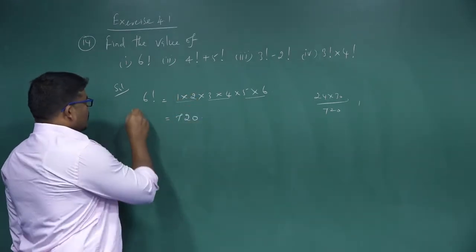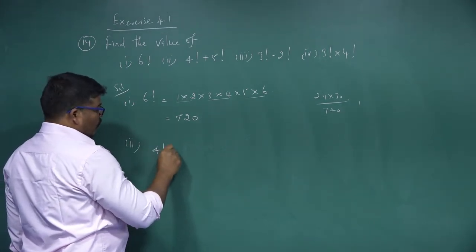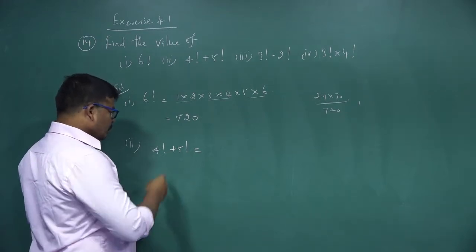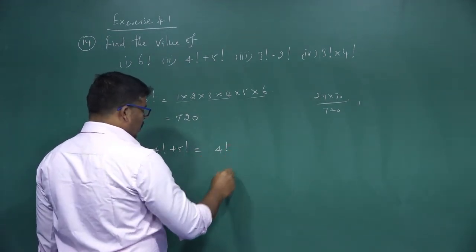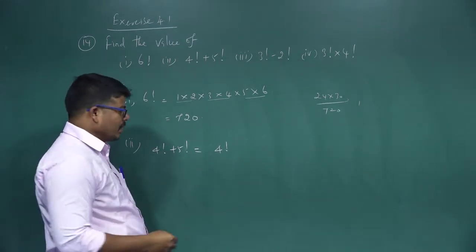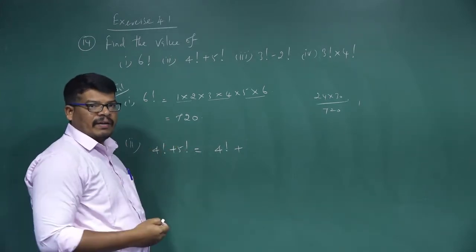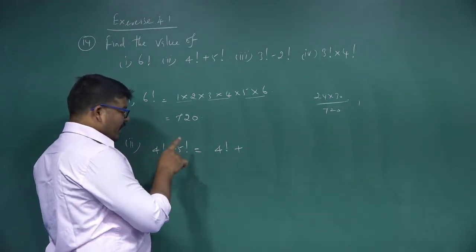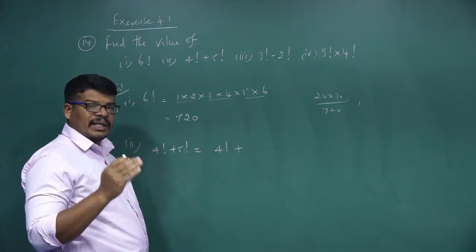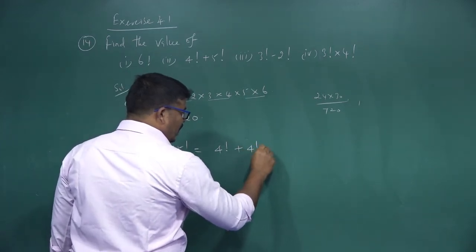Next, the second one: 4 factorial plus 5 factorial. 4 factorial is the product of 4 natural numbers, and 5 factorial is 1 into 2 into 3 into 4 into 5, which is 4 factorial into 5.